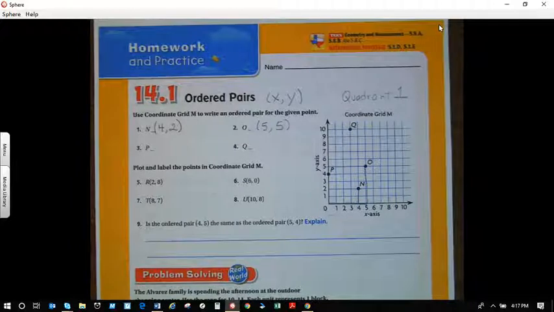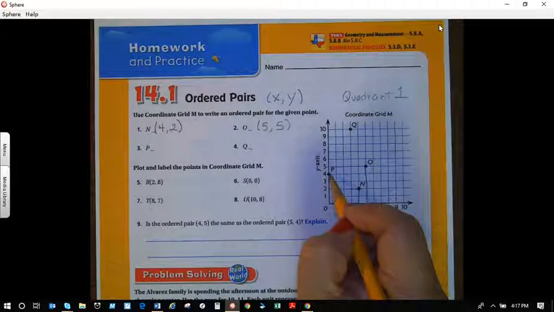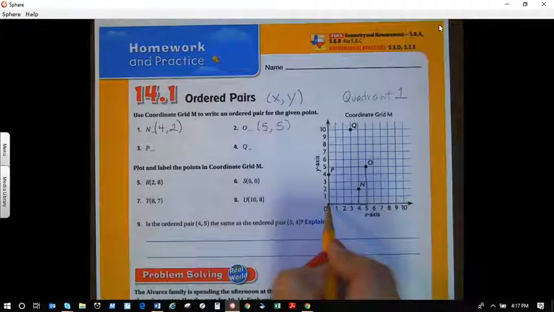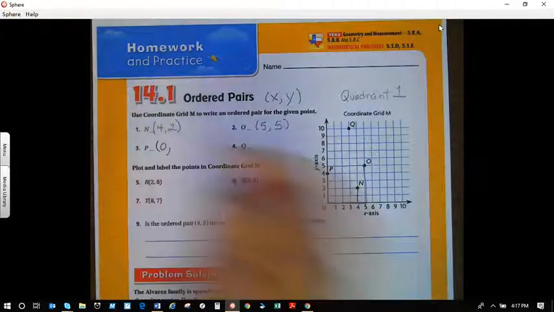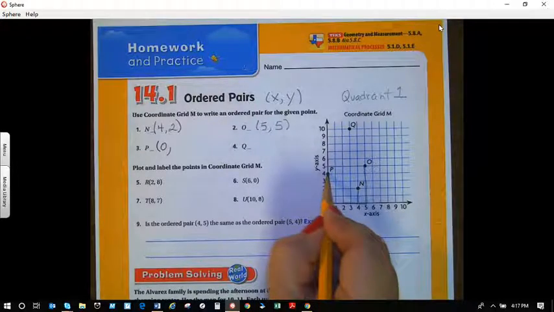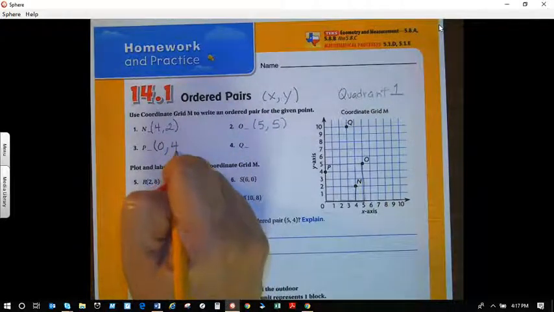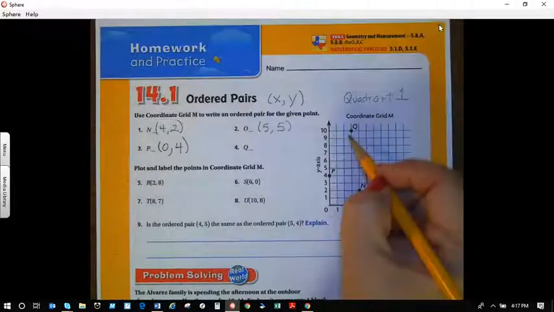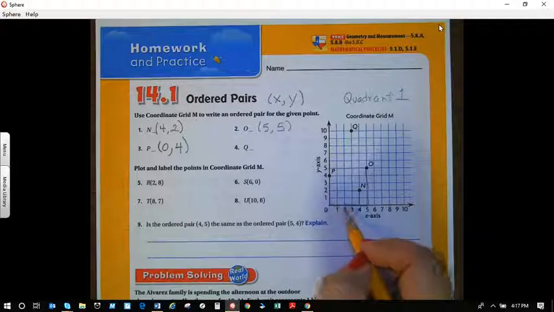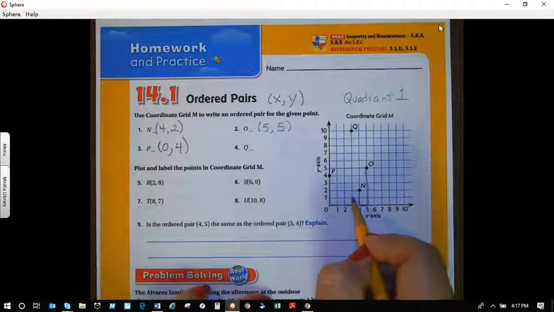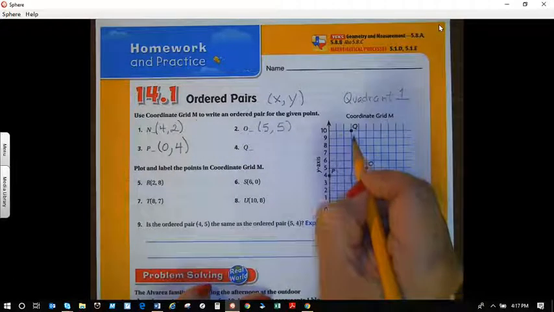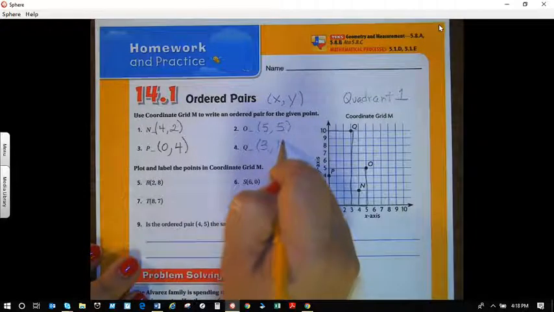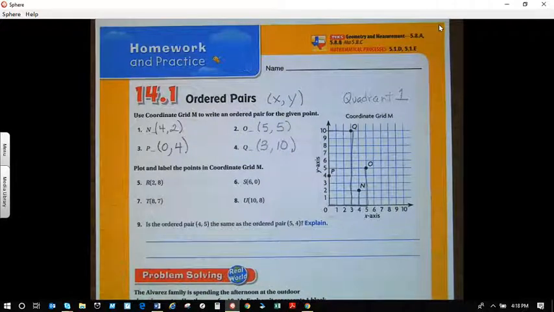Next one, my coordinate is on P. Well, I didn't go anywhere on my x-axis, so it would be 0. But I did go up on the y-axis 4, so I went up 4. And Q, here it is here, so I went 1, 2, 3, all the way up from my 3 to my 10. So it would be 3, 10. And there you go. Let's look at the next one.